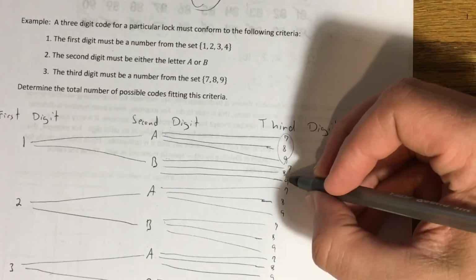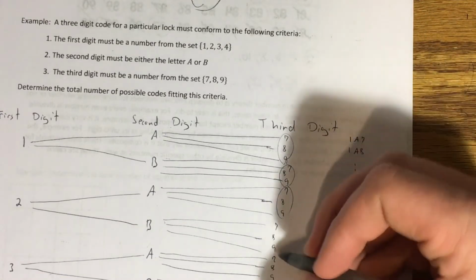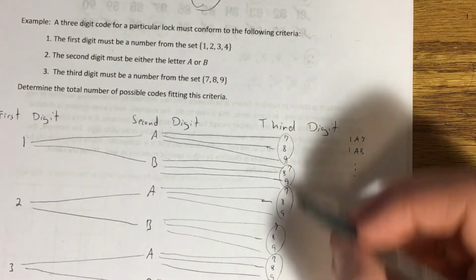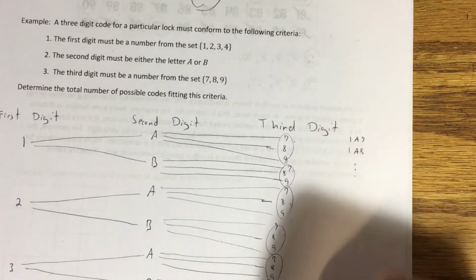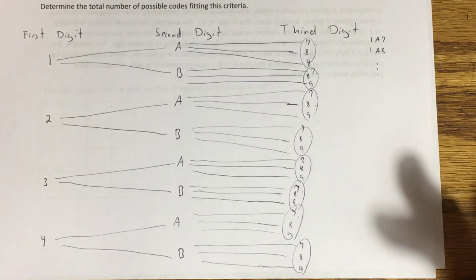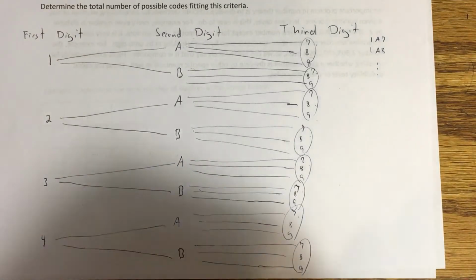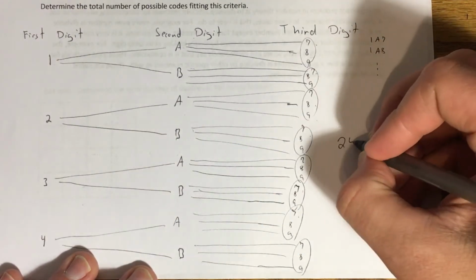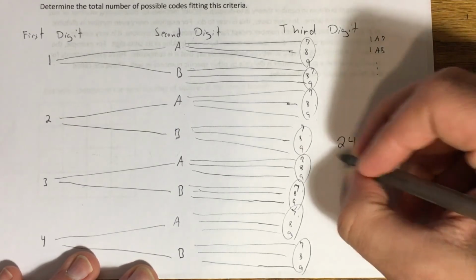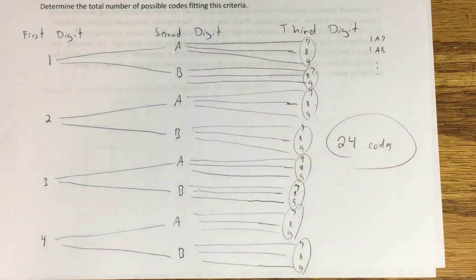You can see those groups if I circle them like this. 1, 2, 3, 4, 5, 6, 7, 8. 8 groups of 3. From here, rather than count them individually, I could just do 8 times 3, which is 24 codes possible. Okay, and again, that's a systematic approach.